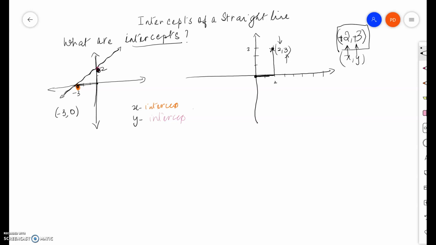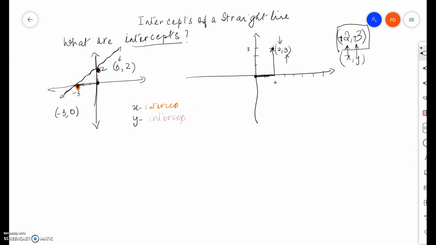Now let's look at the point 2 on the y-axis. We start at the origin and move up by 2 units. Since it's a vertical movement, the y coordinate is 2. But the point remains on the y-axis, which means it doesn't move to the left and does not move to the right. There is 0 horizontal movement, which means the x coordinate is 0.